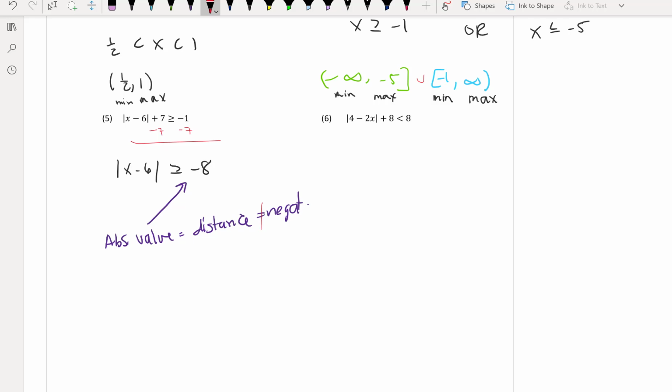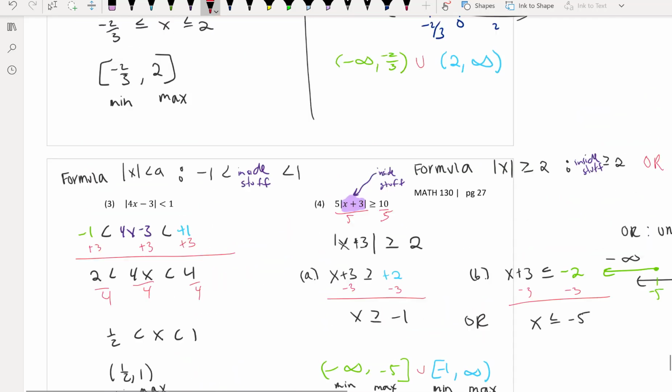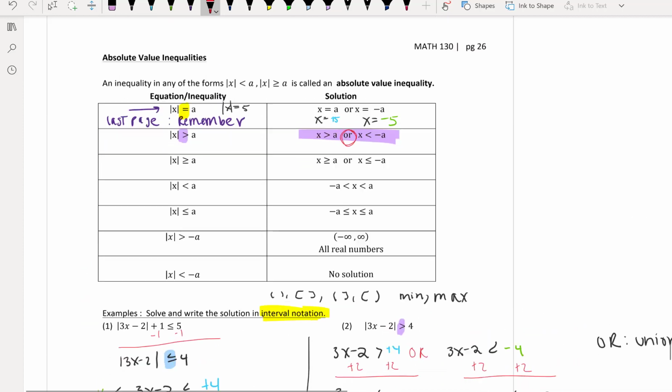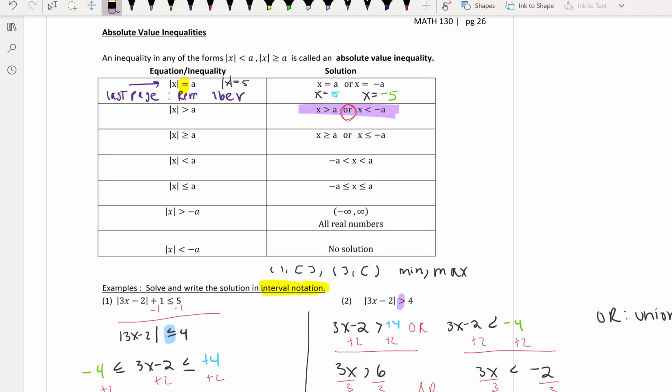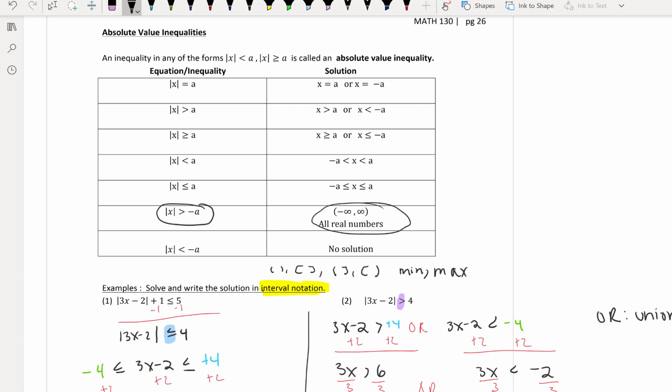So if I have this as greater than or equal to a negative number, I just don't want to confuse you by having more writing. If the absolute value is greater than or equal to a negative number, then I'm going to have my interval notation from -infinity to infinity, and I'm going to say all real numbers.